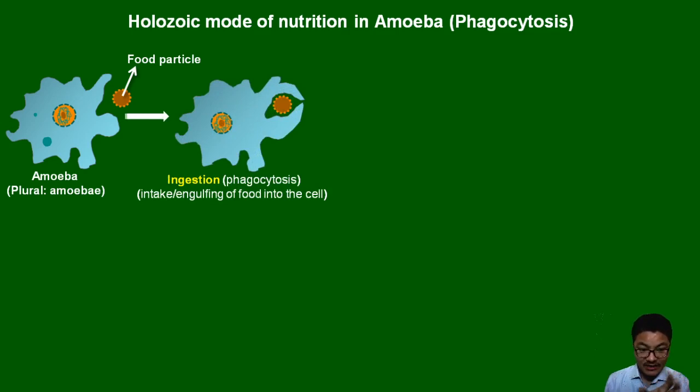After extending the pseudopodium, it will engulf, it will try to take in the food particle, and that process of bringing in the food particle by extension of cytoplasm is called phagocytosis. So ingestion occurs once amoeba takes in the food particle by extension of cytoplasm and formation of pseudopodium.